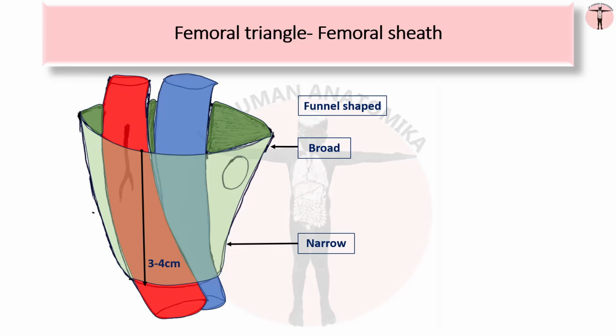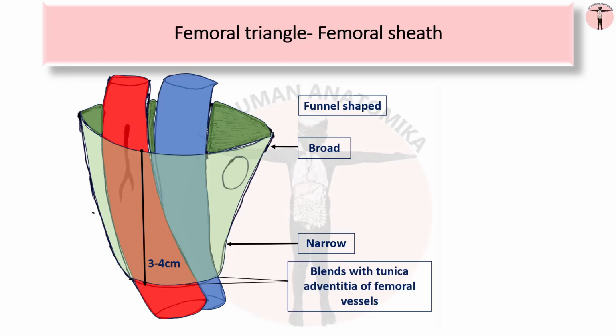About 3 to 4 centimeters below the inguinal ligament, it blends with the tunica adventitia of the femoral vessels. The function of the femoral sheath is it allows the femoral vessels to glide freely in and out beneath the inguinal ligament during the movements of the hip joint.